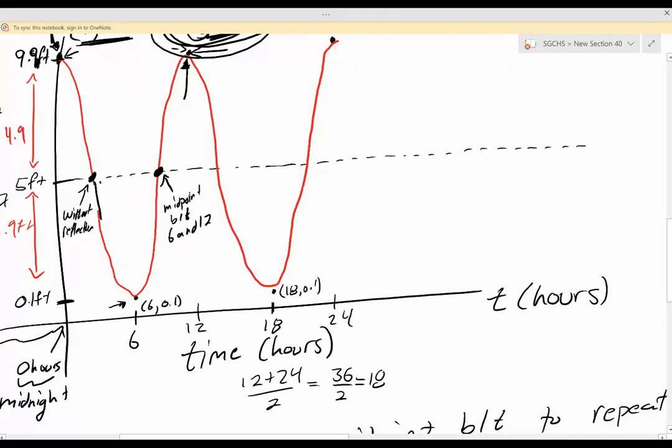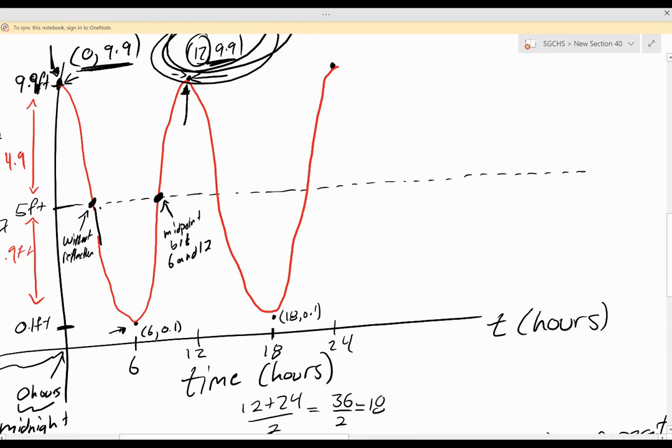Remember, we just talked about how to find midpoints. You add them up and divide by 2. So 6 plus 12 divided by 2 gives us 18 divided by 2, which equals 9. So this point here is 9 and 5.